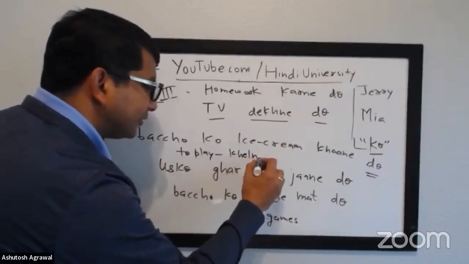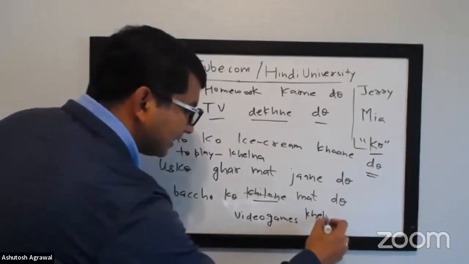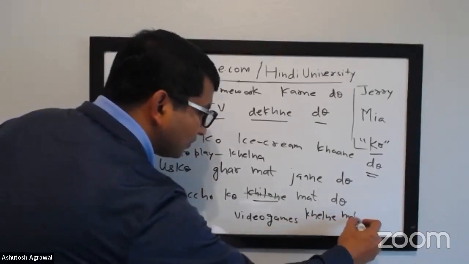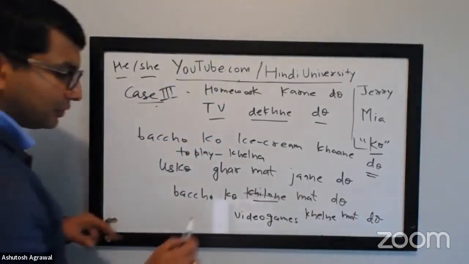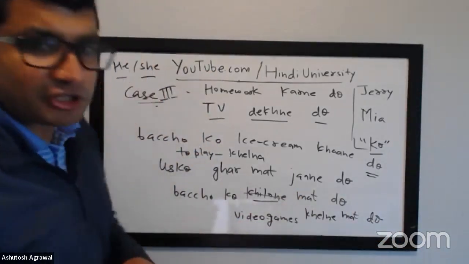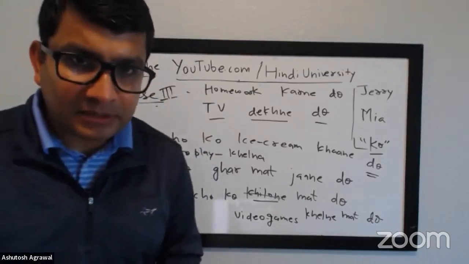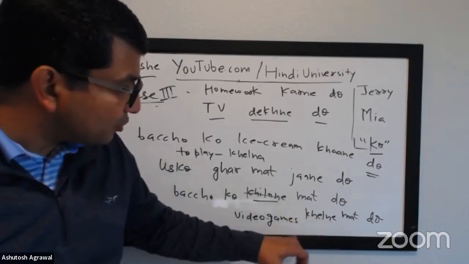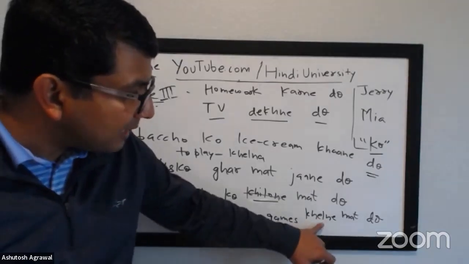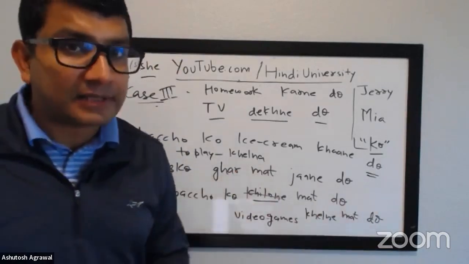Right? बच्चों को video games खेलने मत दो. Don't let them play video games. Your sentence is absolutely correct, by the way. बच्चों को खिलौने मत दो means don't give them the toys. The reason I wrote the other one was simply because you want to try two verbs, खेलना along with देना.